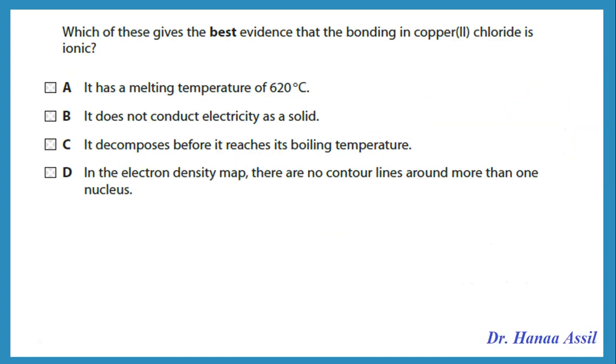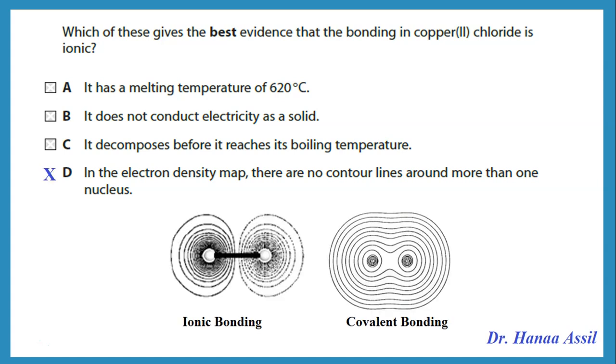Which of these gives the best evidence that the bonding in copper chloride is ionic? How do we know if something is ionic? Now, remember, the best evidence for showing that bonding is ionic or not is using the electron density map.